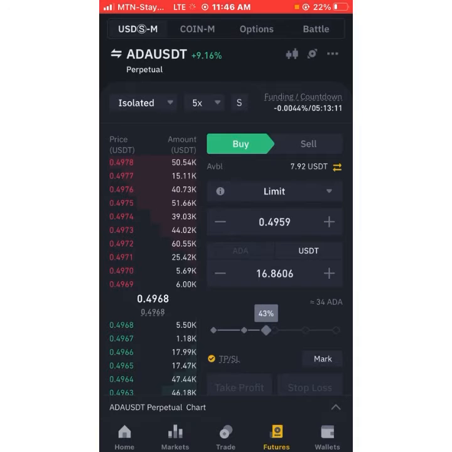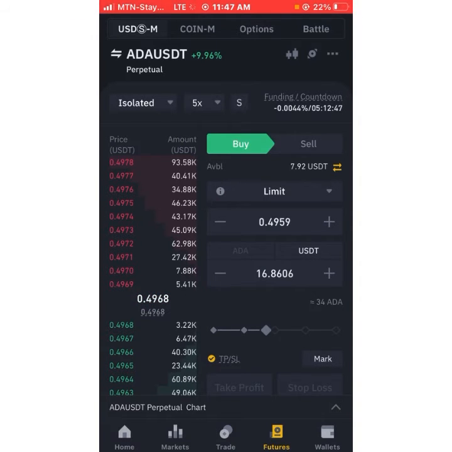Look at this, I'm adjusting it to 50. Okay, and let me say I'm leaving it at 60. I want to use 60% of my USDD to exchange for ADA. Okay, this is what it will require.